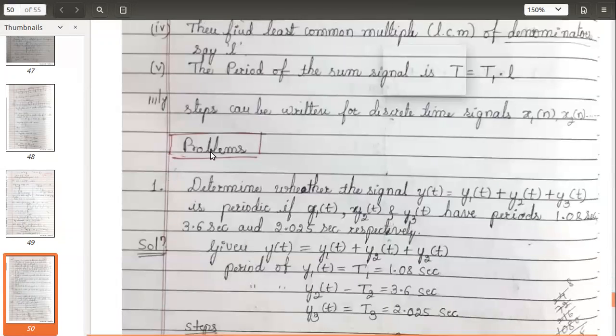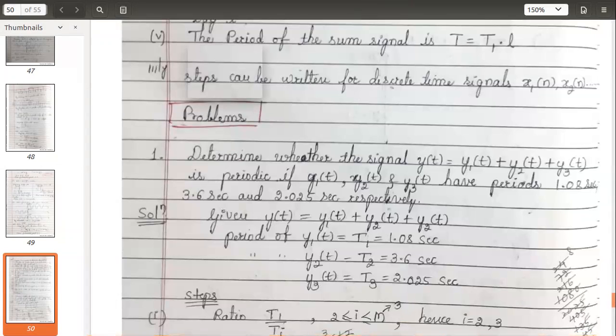No response. Determine whether the signal y of t, you can observe it on the screen, is periodic or not.